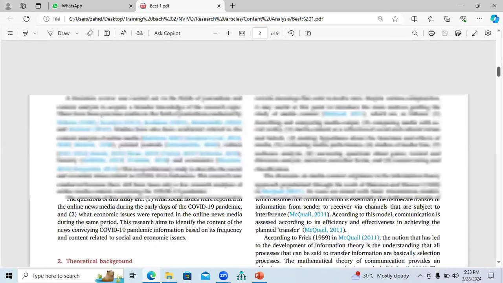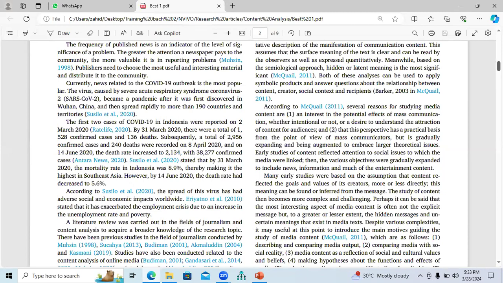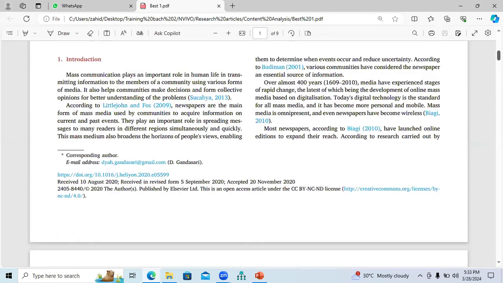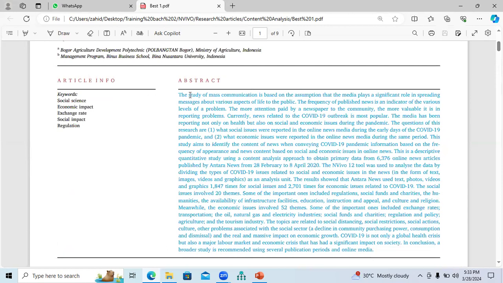What was the purpose of their study? If you see here, the study of mass communication is based on the assumption that media plays a significant role in spreading the message about various aspects of life to the public. The frequency of published news is an indicator of various levels of problems.